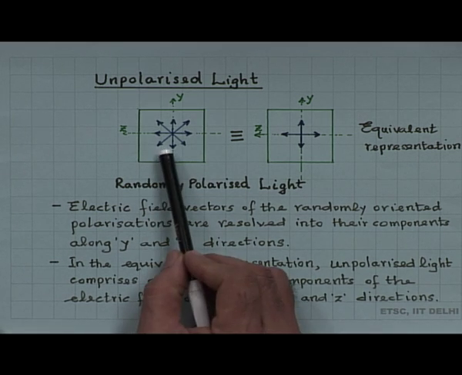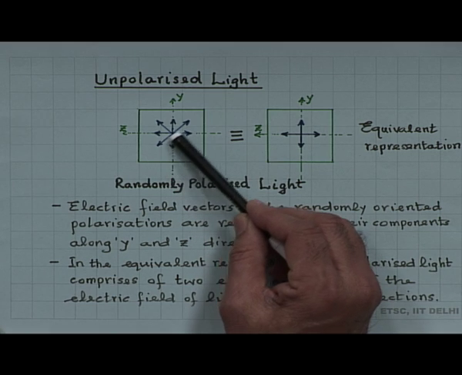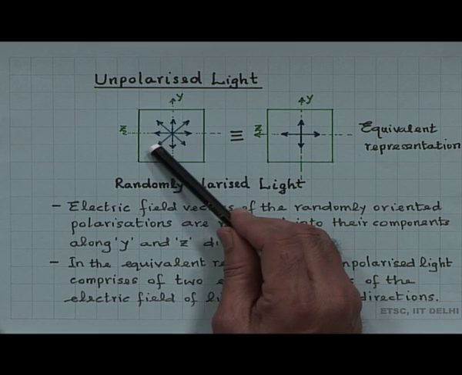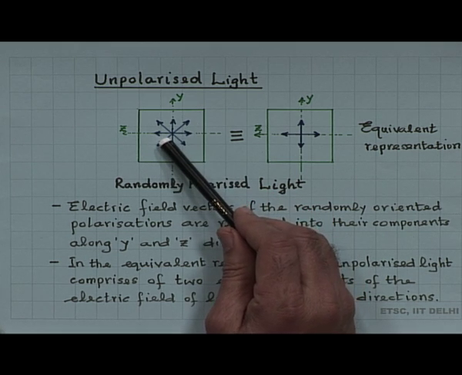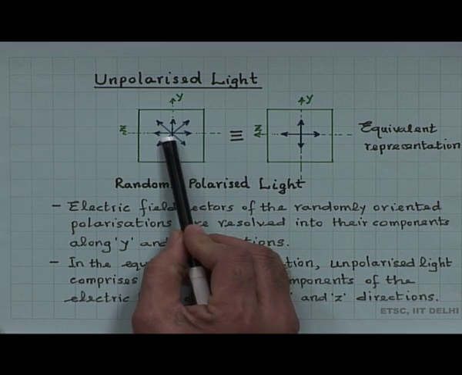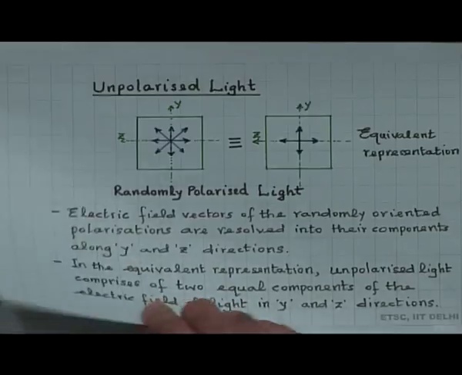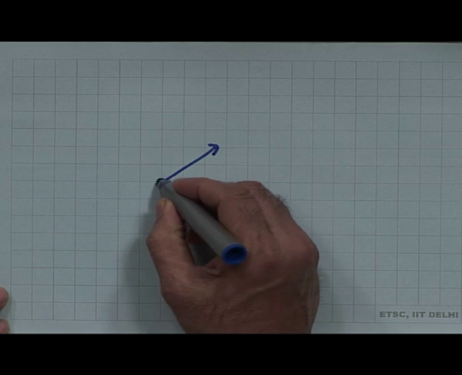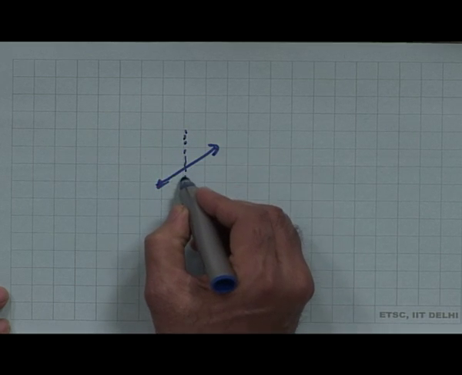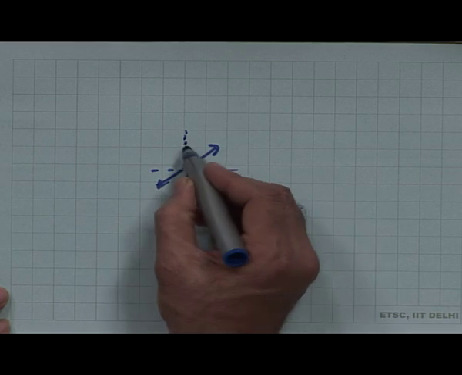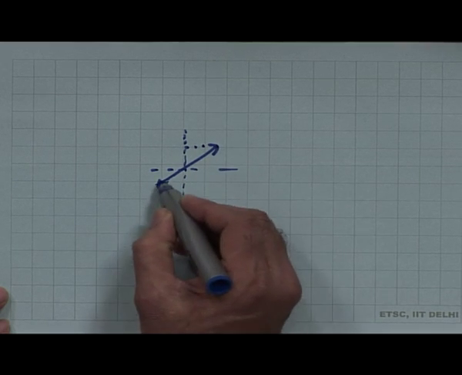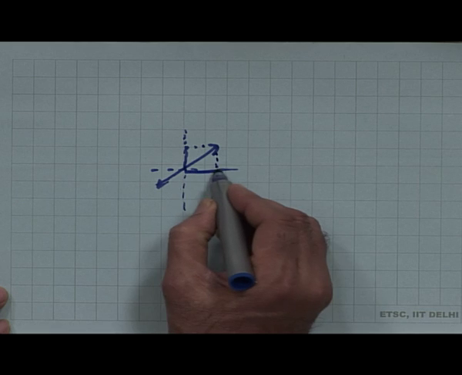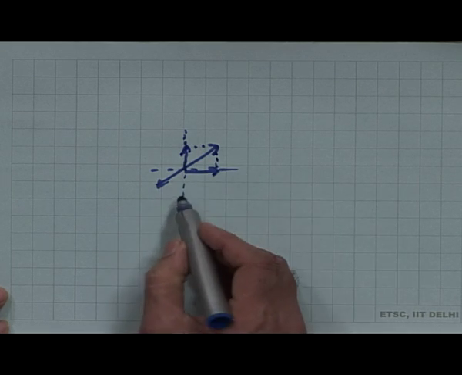Now, if you look at the electric field vector here, it is varying in this direction. The electric field is a vector, and therefore we can always resolve it along two perpendicular components. If we have an electric field varying like this, we can resolve it into two components, one here and one here.